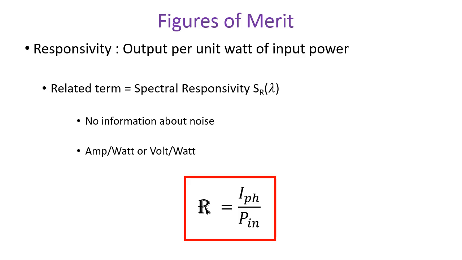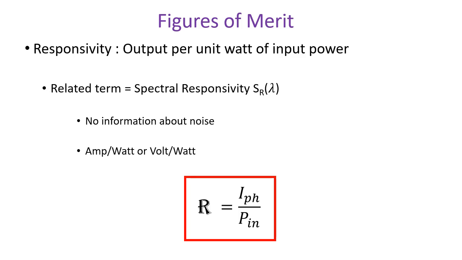And clearly, this figure of merit does not talk about noise. As I mentioned, it is measured in ampere per watt, or even, for example, volt per watt. This is one notion of a figure of merit.